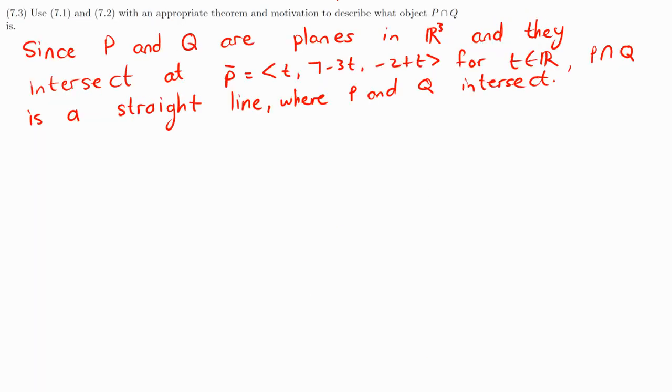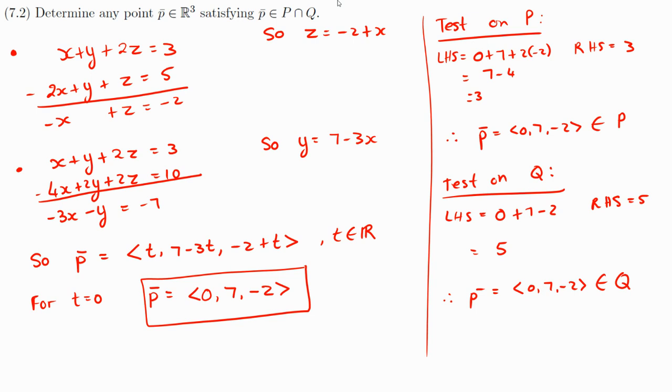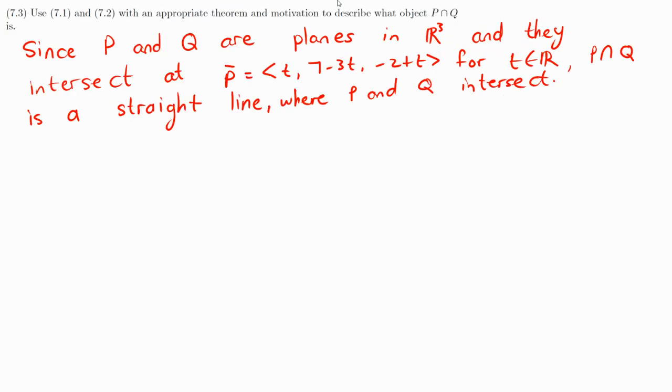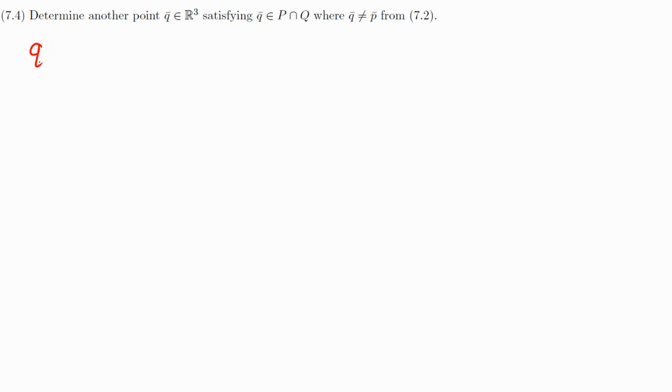Okay, now 7.4, determine another point Q, an element of R^3, satisfying Q is an element of P and Q, where Q is not equal to P. Okay, another point Q satisfying this, but it can't be equal to P. So we can do anything now actually.